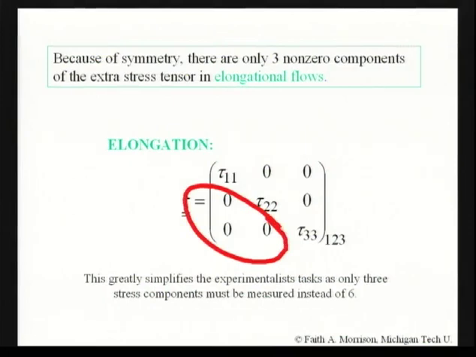All the shear stresses are 0 in elongational flow. There are no shear stresses in simple elongational flow. So it's a purely extensional flow. And there are only 3 non-zero stresses for that flow. So although these flows are problematic in some ways, they have tremendous advantages in others. And that's why they're worth the trouble.